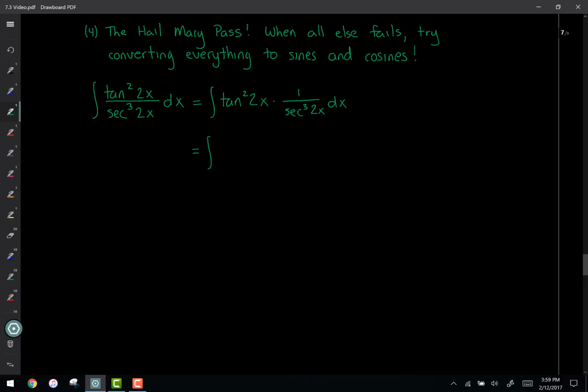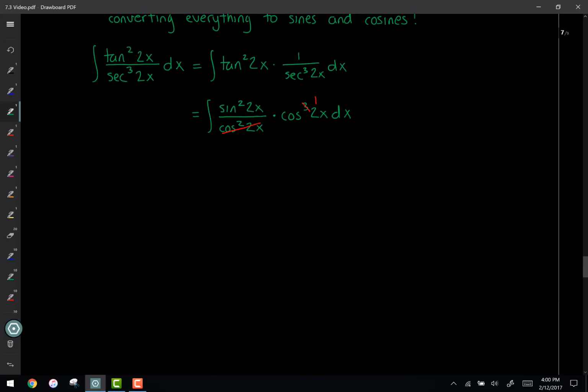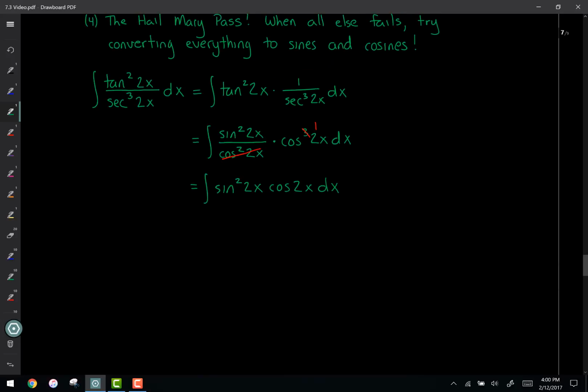So the tangent squared 2x will be sine squared 2x divided by cosine squared 2x, times, and again, secant is 1 over cosine, so 1 over secant is cosine, so times cosine cubed 2x dx. And we have a power of 3 of these guys, right? We'll kill off all of those, leaving us with just 1 here. So this will give us the integral of sine squared 2x cosine of 2x dx.